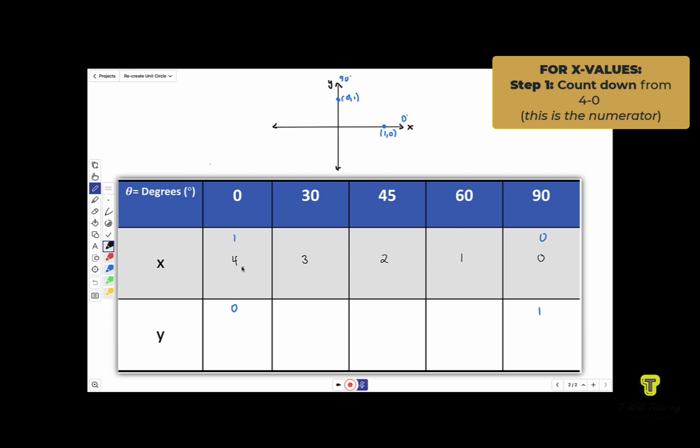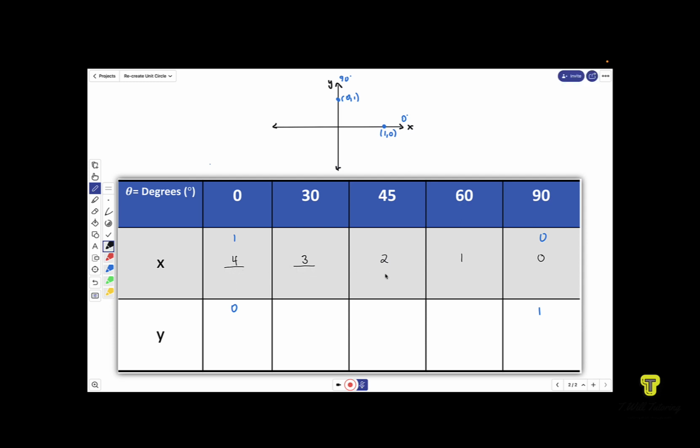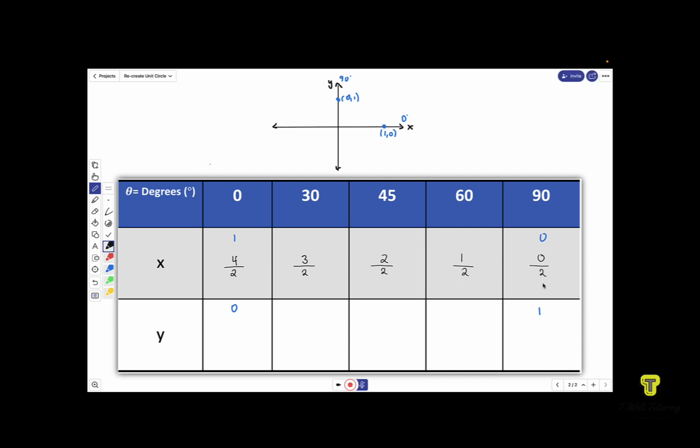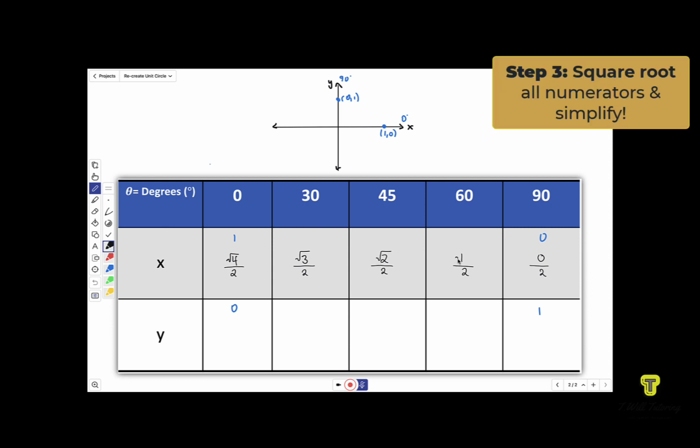These are going to be your numerators. All right. And then we're going to divide every fraction by 2. Okay. So going back to our numerators, we're going to square root all of our numerators and simplify where we can.